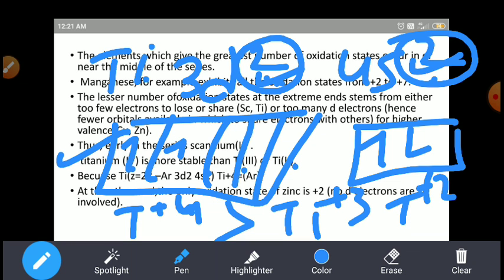titanium +4 attains the inert gas configuration.